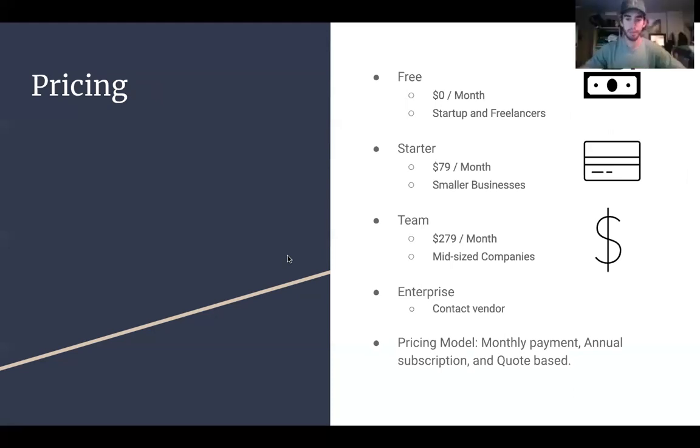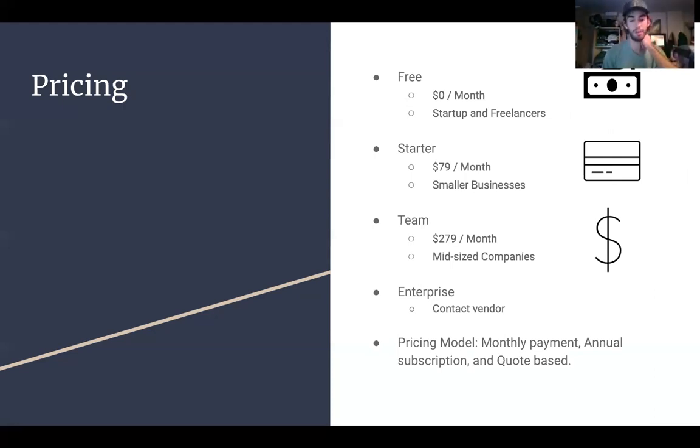All right, so the pricing is broken down into 4 options. The first one being a free option, which is good for initial startups and smaller companies. Then there's a $79 a month option for smaller businesses. Then there's a team option for $279 a month.